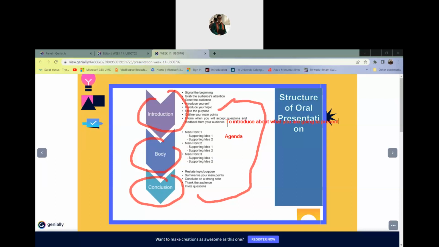Of course, you introduce yourself, and what you're going to present, the agenda and everything, the things that I've mentioned. So when it comes to the meeting, the points that you need to include are during the meeting and after the meeting.